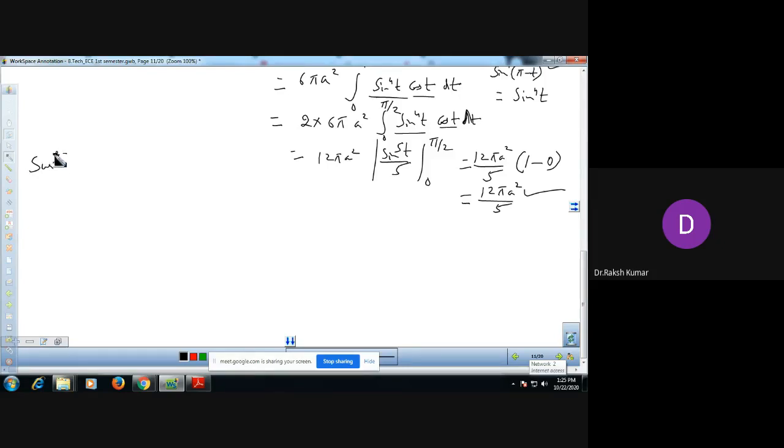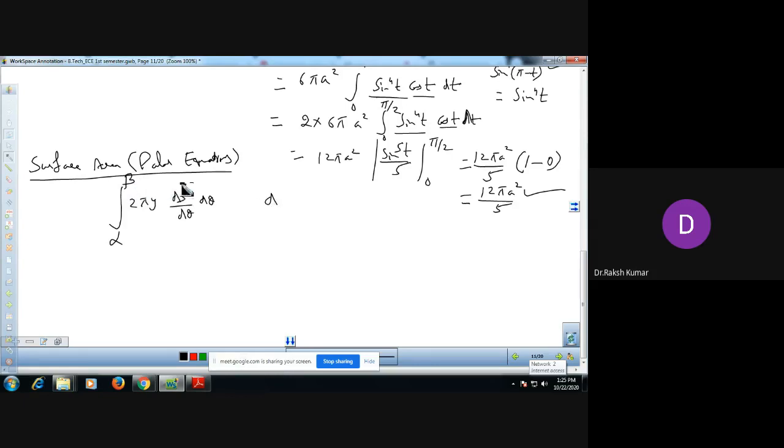Polar equations we already know in terms of r and theta. So the formula for computing the surface area is 2 pi integral y ds. In place of t, we shall use theta. This will be the only change. And these are the limits of theta from alpha to beta.